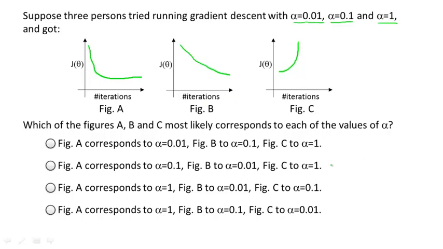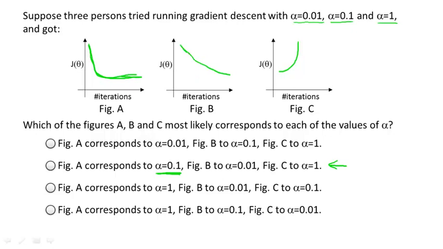So hopefully you got that this second answer most likely maps the figures to the three different learning rates. The first figure is a rapidly decreasing cost function that drops down quickly and then plateaus, and that corresponds to a good choice of learning rate.